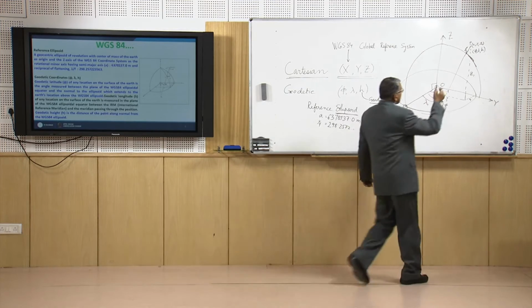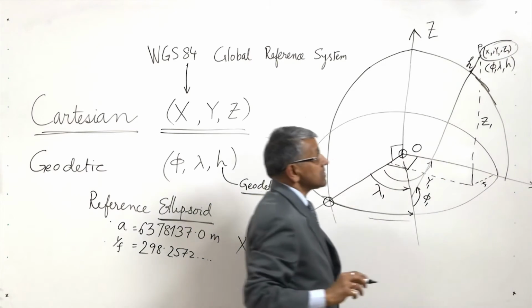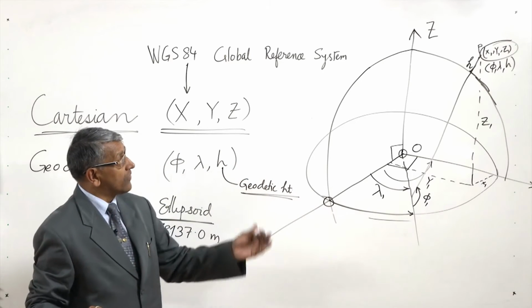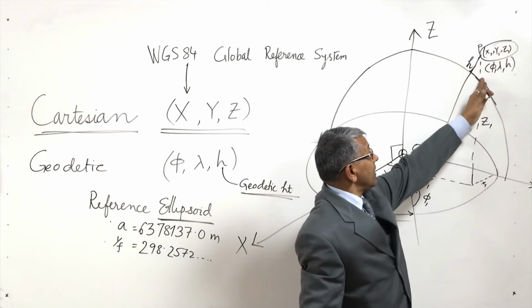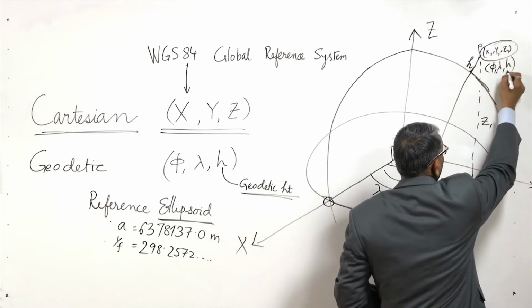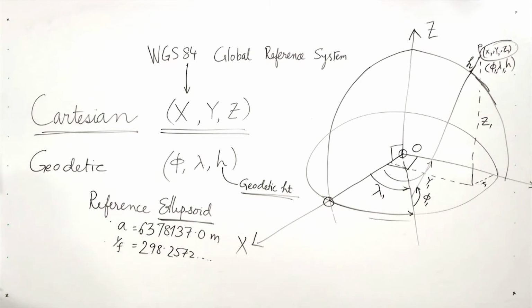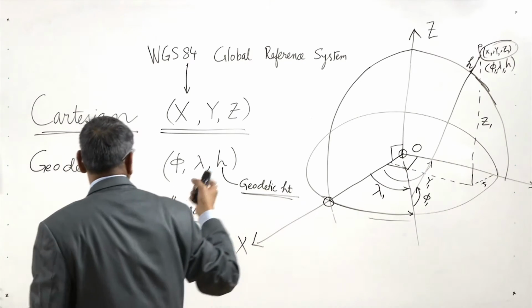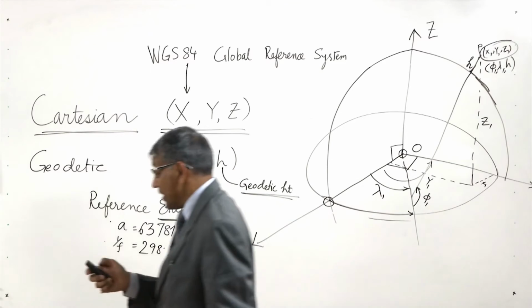So for the same point P, GPS provides us position in two ways. One is Cartesian coordinates x1, y1, z1, another is latitude, longitude and height. This is the most fundamental way the GPS provides us the position of any point, with respect to a global reference system.